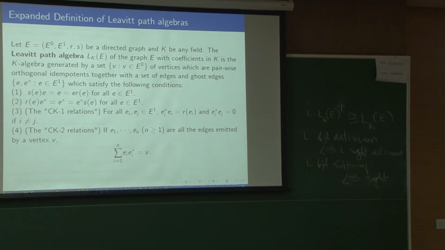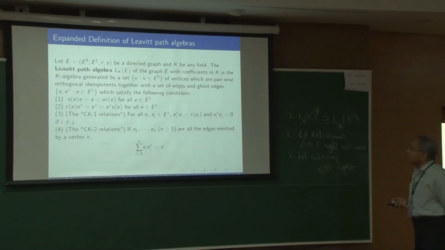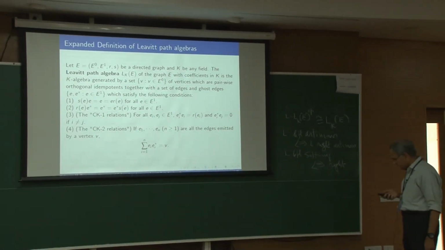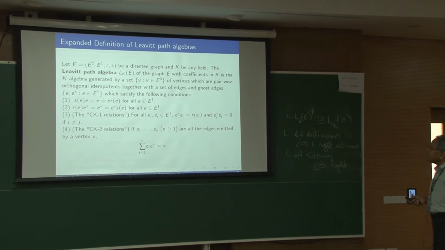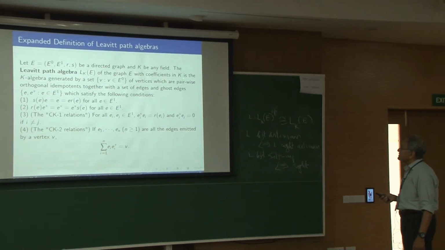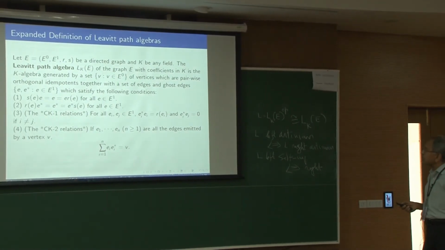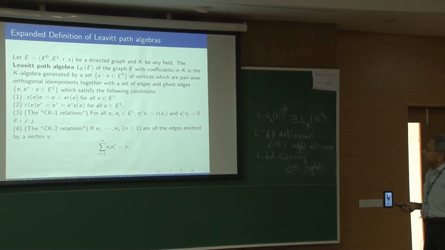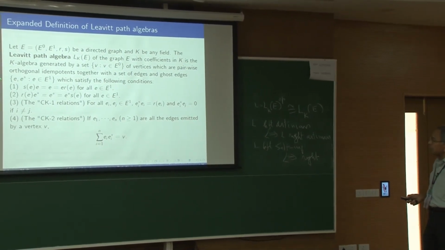Okay. Just a quick reminder of what we did: the Leavitt path algebra of a graph. If E is a graph consisting of the set of vertices denoted by E^0 and edges E^1, then the Leavitt path algebra of the graph E with coefficients in K is the algebra generated by the set of vertices, which will be pairwise orthogonal idempotents, and the set of edges and ghost edges, which we denote by e and e* for each edge e, and they satisfy the following conditions.